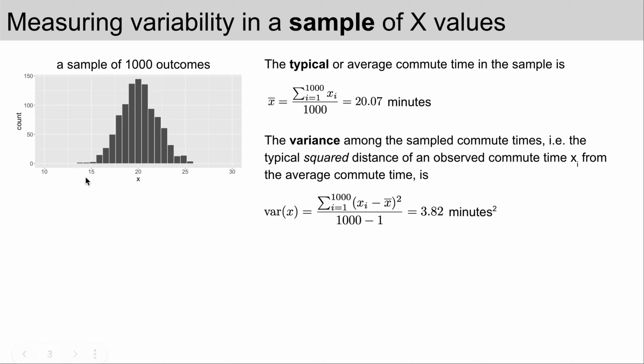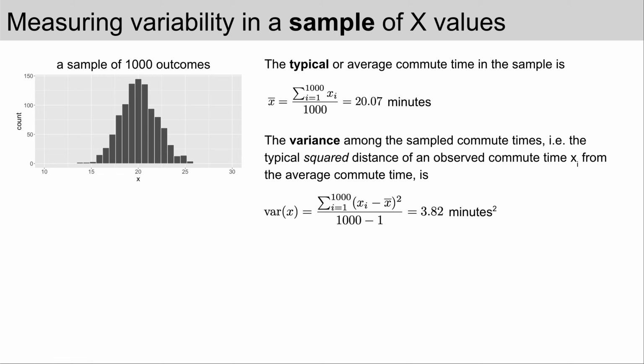In our example, the commute times have a variance of 3.82 minutes squared. That is, on the typical day, the squared distance between your friend's commute time and the 20.07 minute average will be 3.82 minutes squared. It's important to note here that since we're measuring squared distances, the variance has squared units.